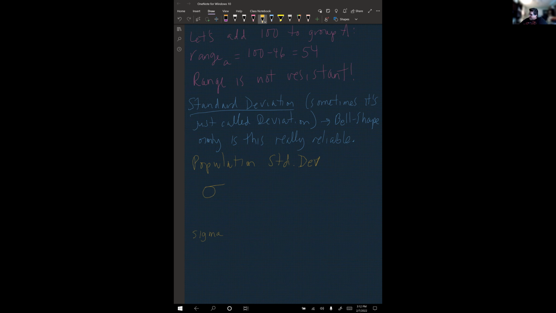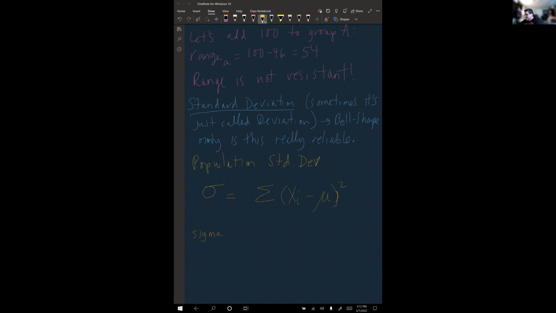It's easier to walk through it. We take the sum of a bunch of stuff. For each data point, we take the data point and subtract the mean. Then we square that value, and that's what we add up.